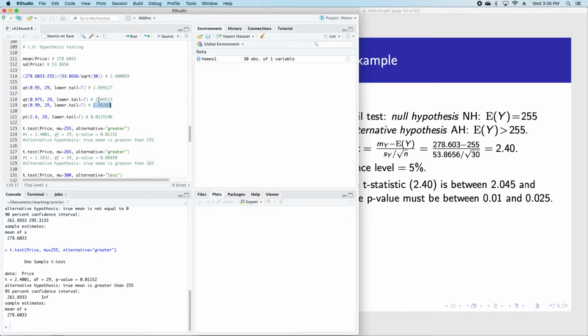So in particular, the tail area corresponding to 2.045 is 0.025, and the tail area corresponding to 2.462 is 0.01. And so because the t-statistic is in between these two numbers, the p-value must be in between 0.025 and 0.01.